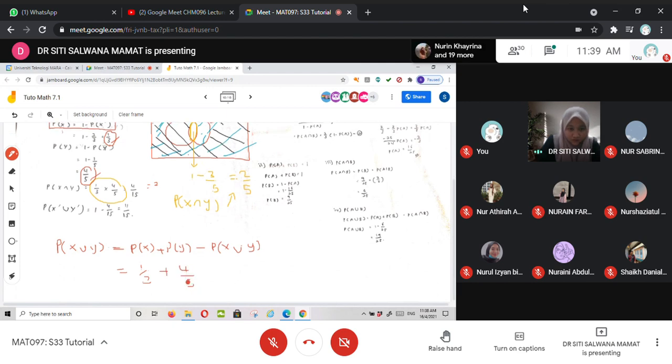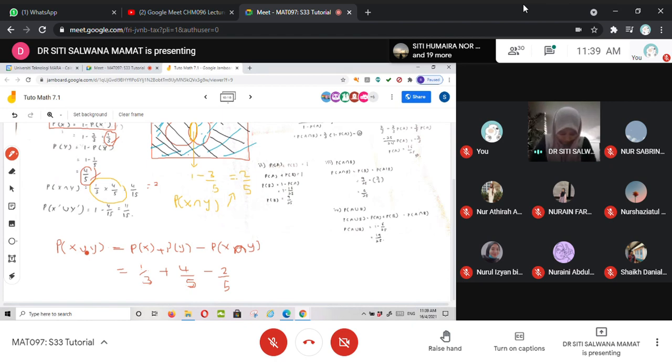Okay, itulah jemput ni susah sikit nak tulis. Okay, you minuskan dengan X, sorry, yang ni intersect. Okay, intersection 2/5. Okay, so that you dapat this part.